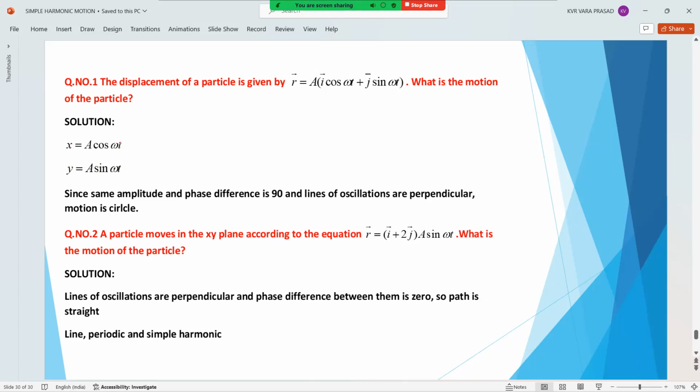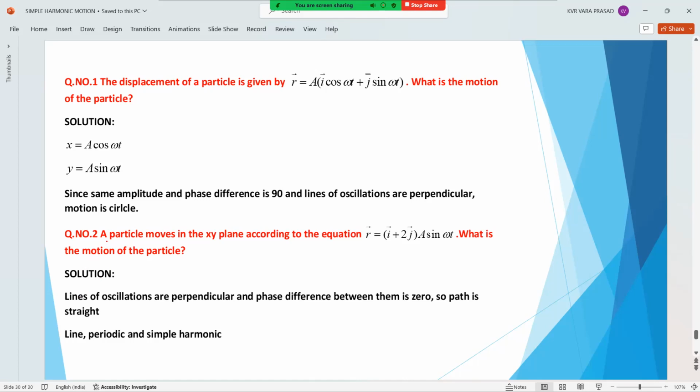That means phase difference is 90. Therefore, the path will be a uniform circle. Okay, it is not SHM. Is the point clear? It is a uniform circular motion. Right? Okay.